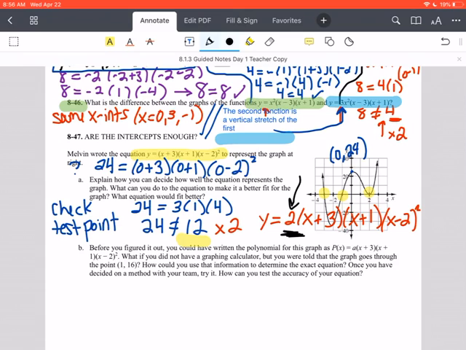So how are we going to do this systematically? Because what if the numbers don't relate by a multiple of 2 or a multiple of 3? Well, on B it says, before you figured it out, you could have written the polynomial for this graph as P(x), which stands for polynomial, equals a(x + 3)(x + 1)(x - 2) squared.